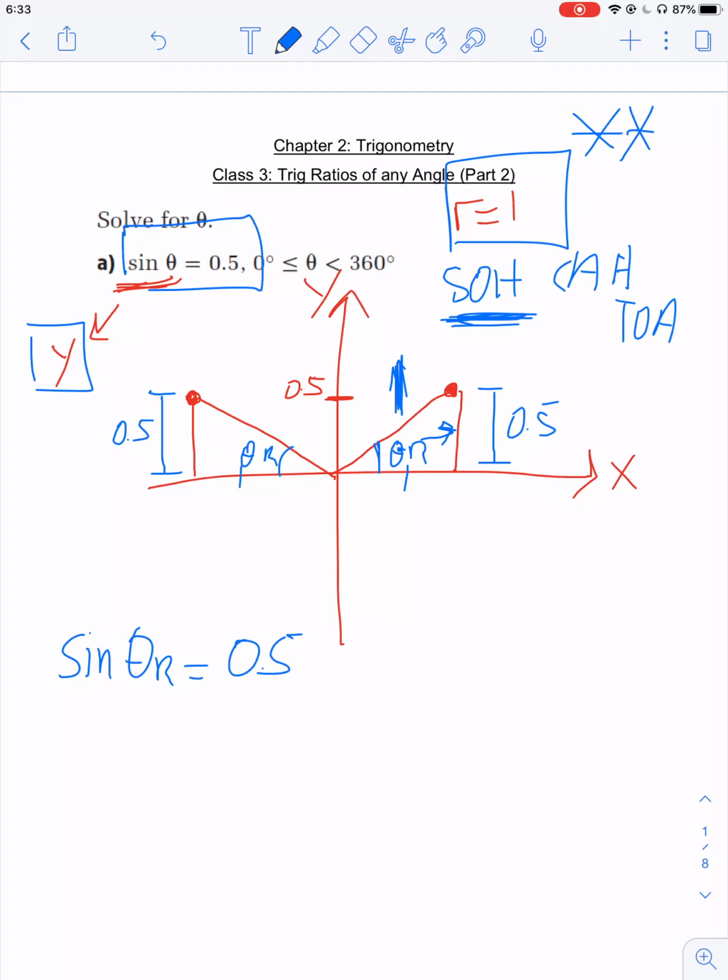You just take the inverse sine on both sides. So the inverse sine will cancel the sine value, and then what you will be left with is theta r, and this is equals to inverse sine of 0.5, which will be an angle, right? So whenever you take the inverse sine, it gives you an angle.